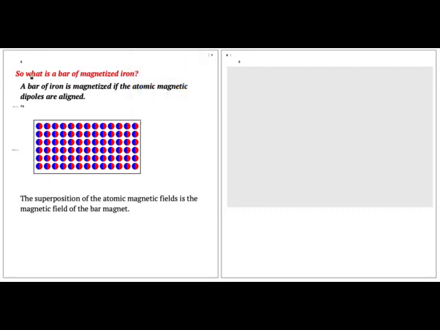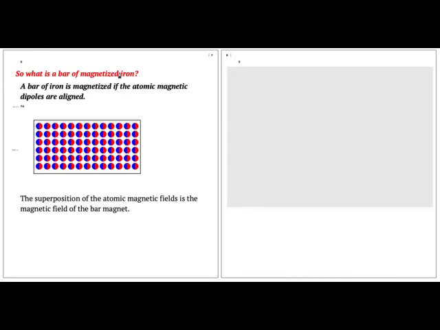Well, what is a bar magnet? Well, it's a piece of iron. There are other materials that can be magnetized, but iron is the most commonly encountered.